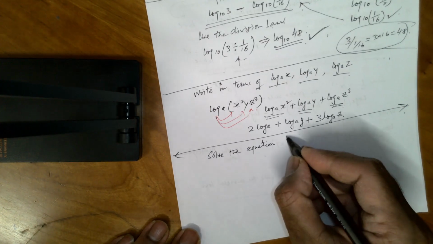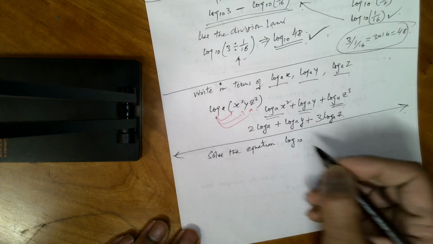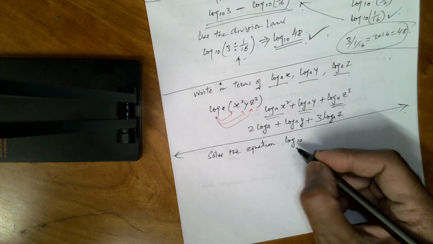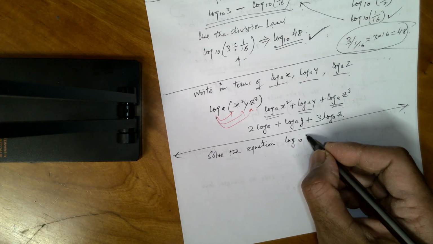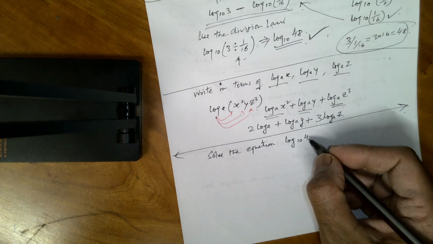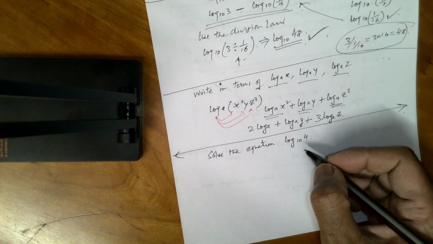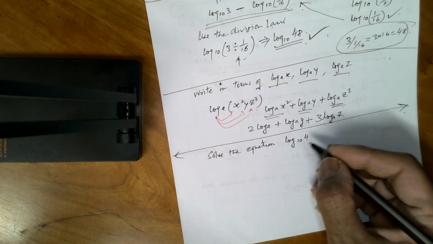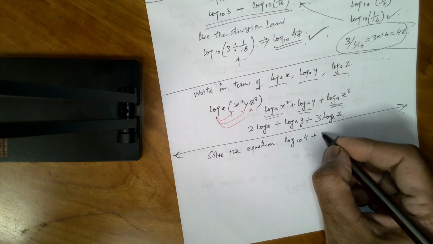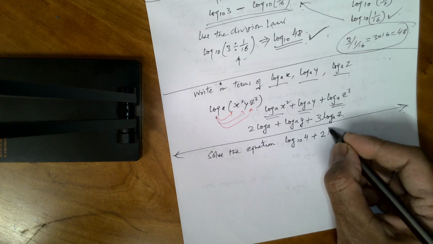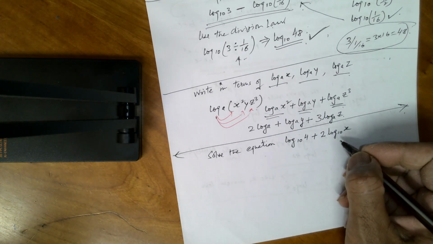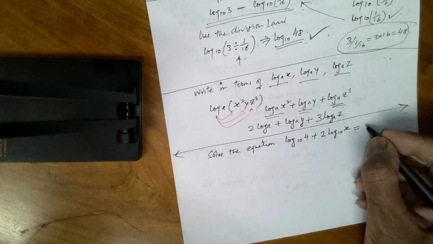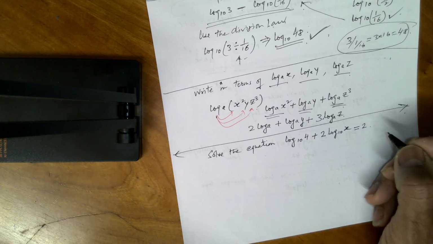The equation has been given to you here: logarithm of 4 to base 10, plus 2 logarithm of x to base 10, equal to 2.